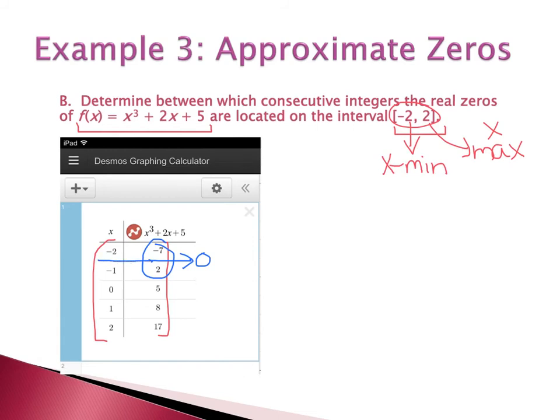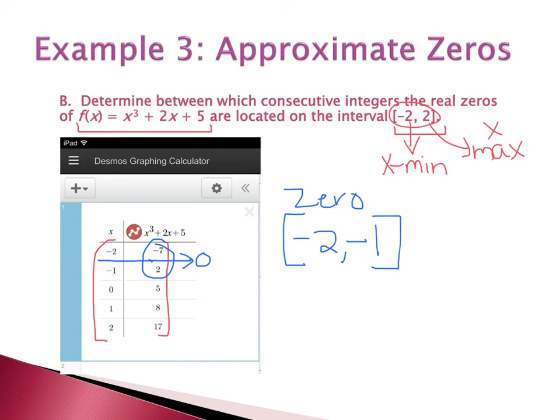And so therefore, the zero of my function occurs between x values of -2 and -1. So the zero of my function is somewhere in between these two consecutive integers.